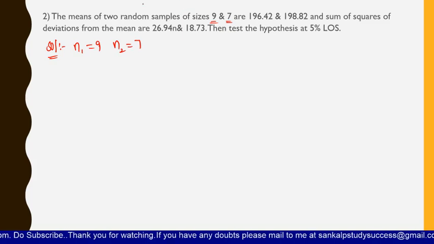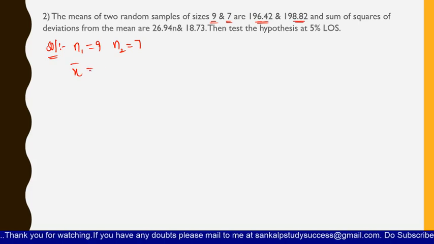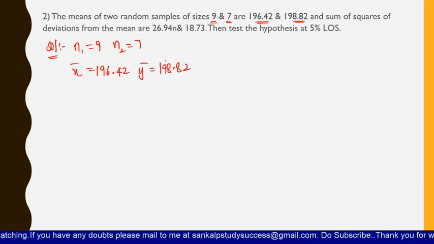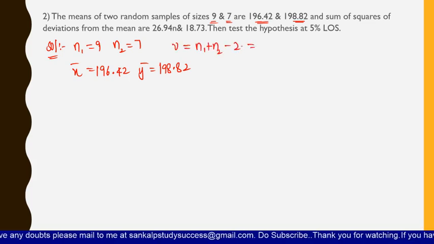The means of the two random samples, x bar and y bar, are 196.42 and 198.82. From n1 and n2 we can find n1 plus n2 minus 2, which is 9 plus 7 minus 2, which is 14.